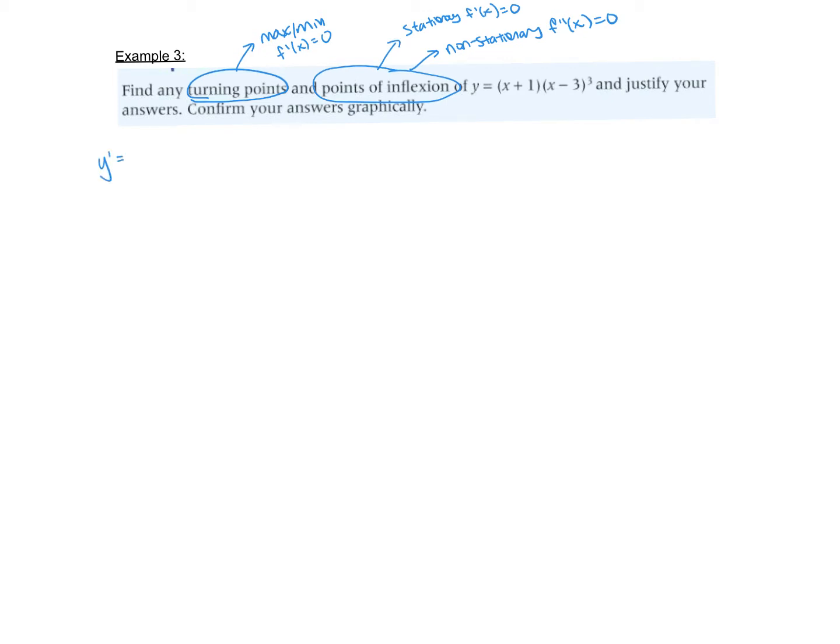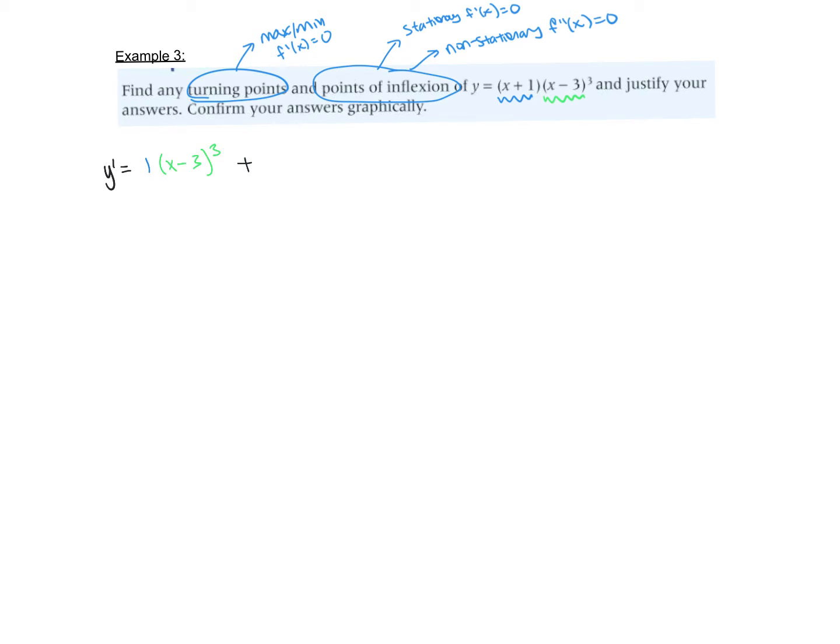We need to use product rule. I'm going to try to color code this. And then when we take the derivative of the second, we're going to use chain rule. So we'll do derivative of the first times the second plus derivative of the second.